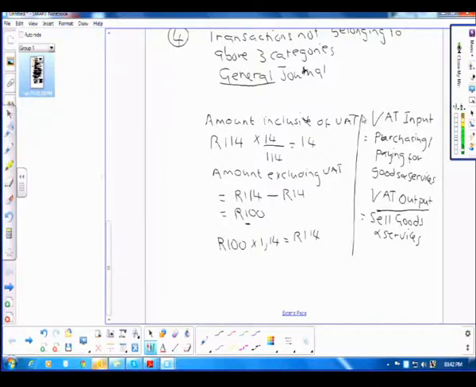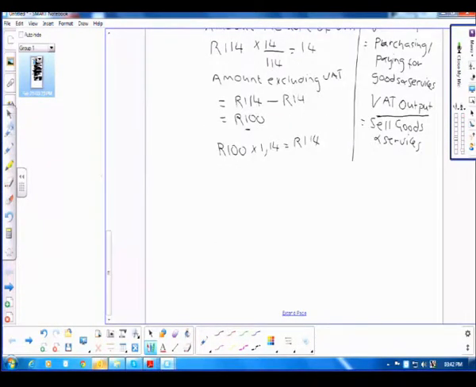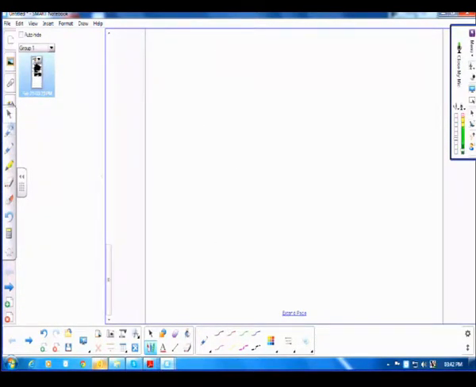All right, so what we need to do now is go to our transactions and implement what we just explained. Let's just put this in perspective. So this is our exercise.